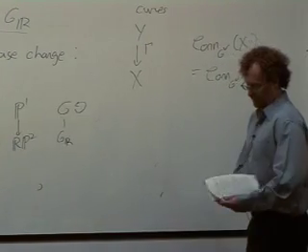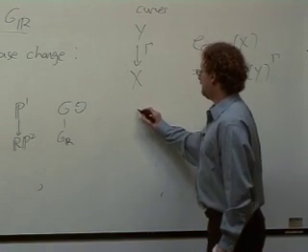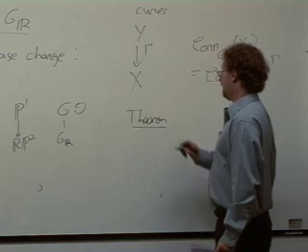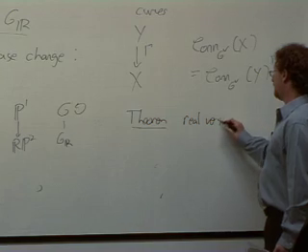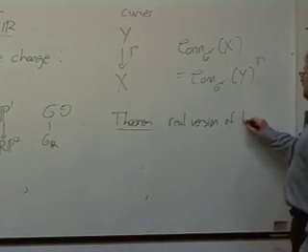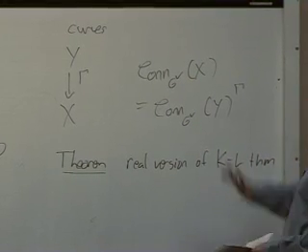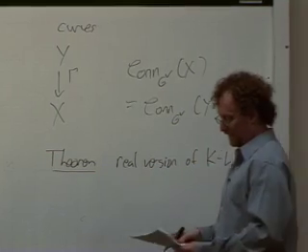I'm out of time, but let me just say that out of these various results, we get a theorem which is a real version of the Kazhdan-Lusztig theorem. The Kazhdan-Lusztig theorem that was up there before describes the affine Hecke algebra in terms of Langlands dual data.